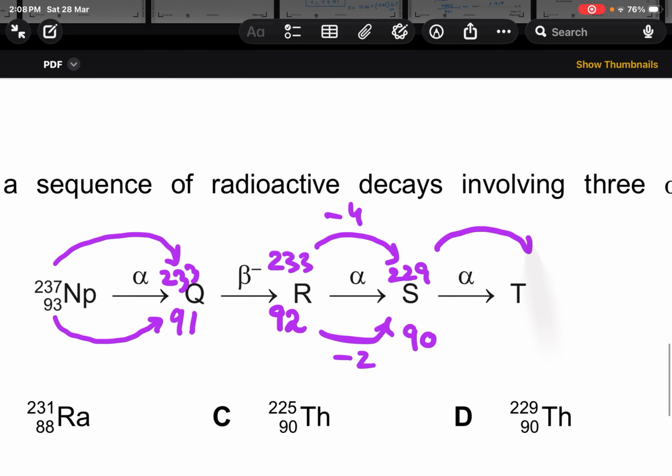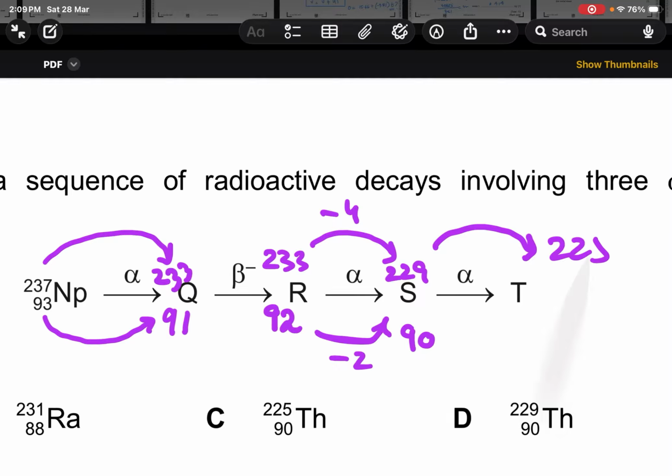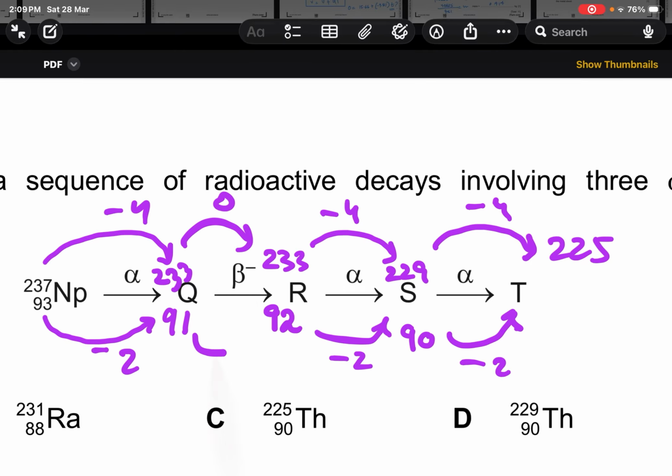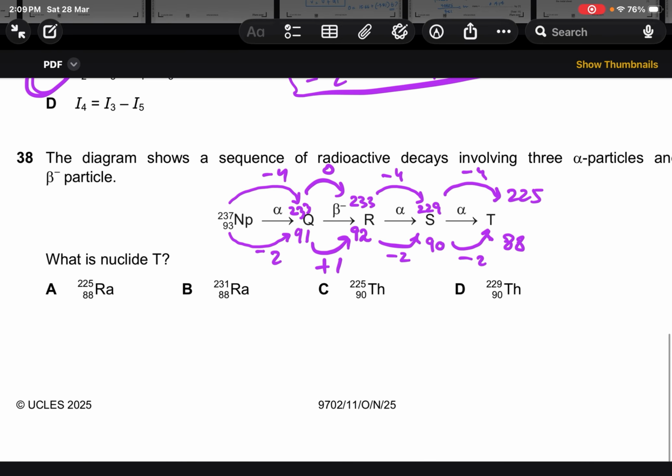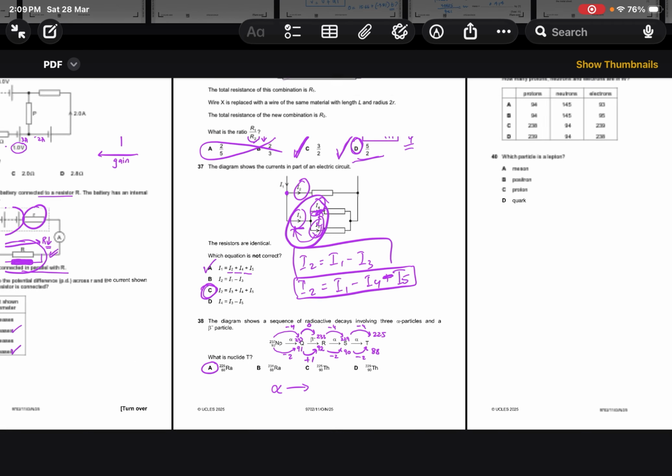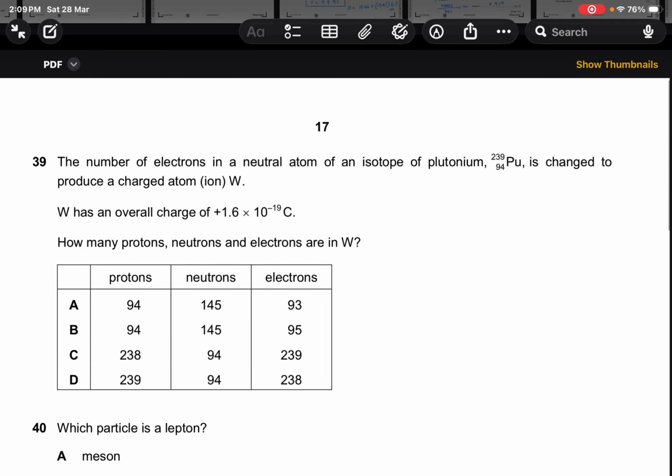And then in alpha decay, 229 again decreases by 4 and becomes 225, and this decreases by 2 and becomes 88. So 88 and 225. Option A. Got it? Alpha decay means decrease the nucleon number, or the mass number, by 4 and the proton number by 2.